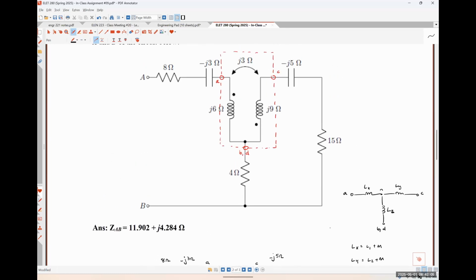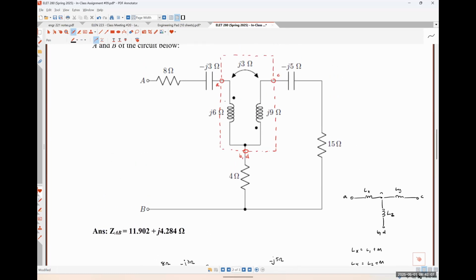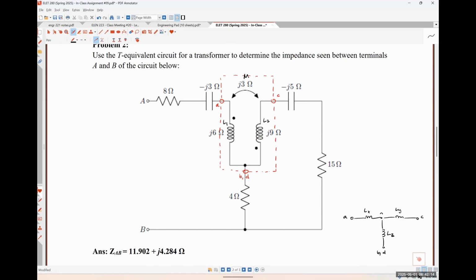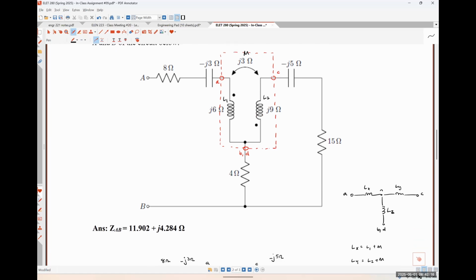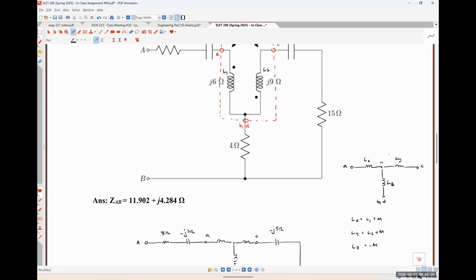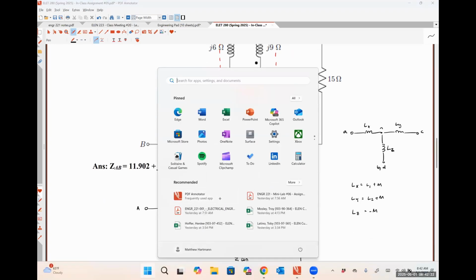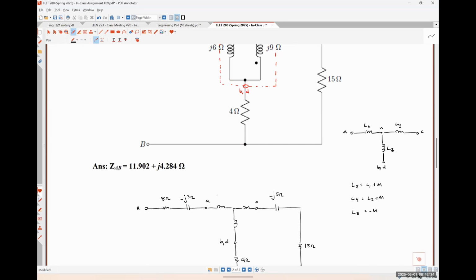So for us, this guy is L1, this guy is L2, and this guy is M, right? So L1 plus M is going to look like J6 plus J3 is J9 ohms.